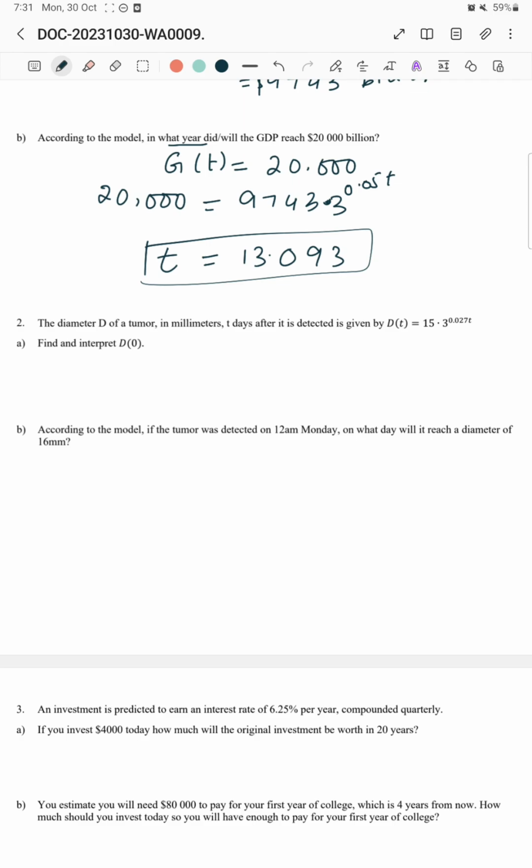Okay, the diameter d of a tumor in millimeters, t days after it is detected, is given by d of t is equal to 15 times 3 to the power 0.027t. Find and interpret d of 0. So d of 0 would be 15 into 3 to the power 0, which is 15 millimeters.